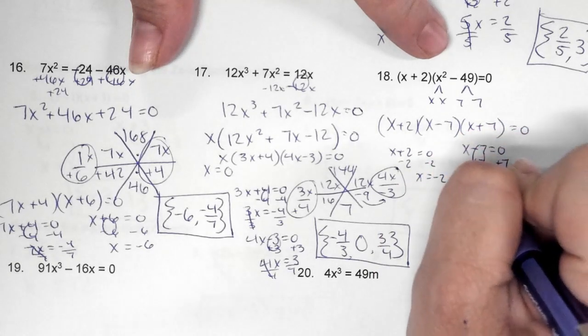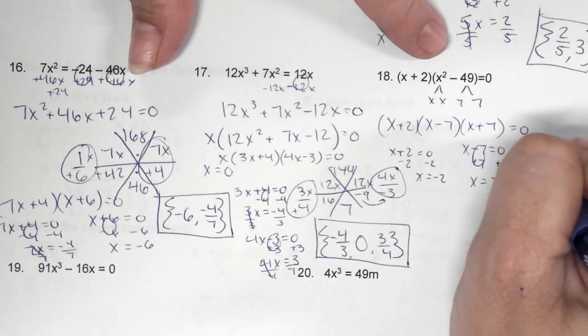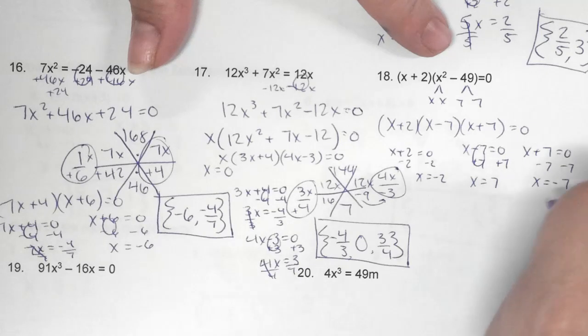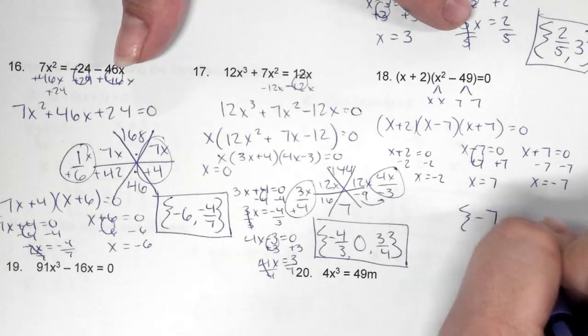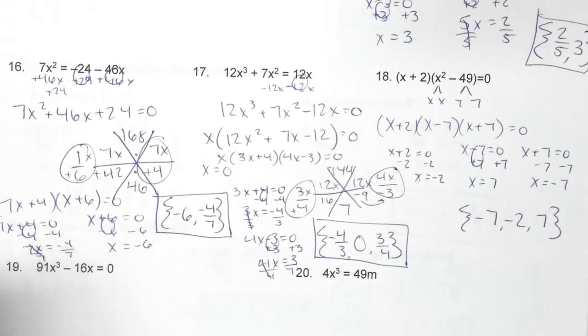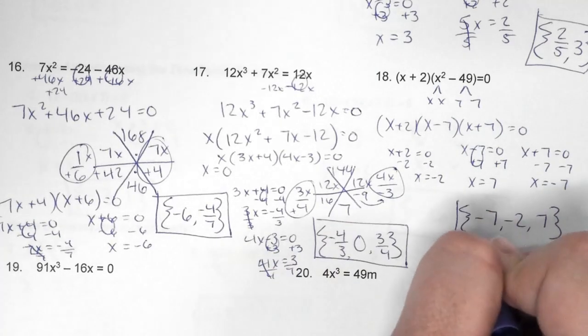So add 7 to both sides, and I get x equals 7. Okay, so I get negative 7, negative 2, positive 7. So there's that answer.